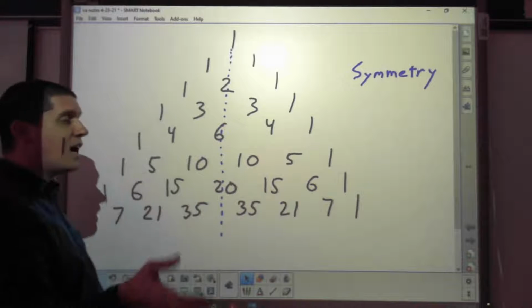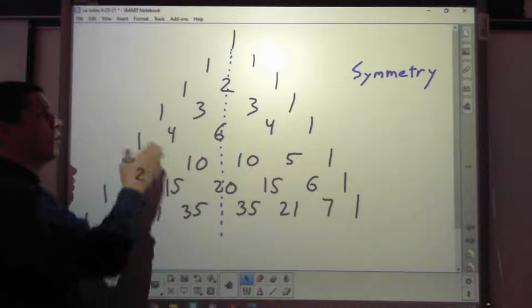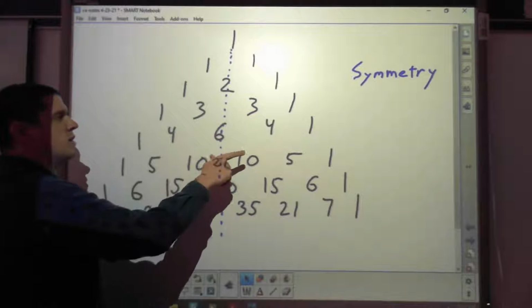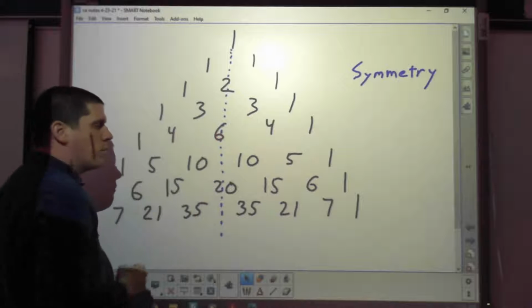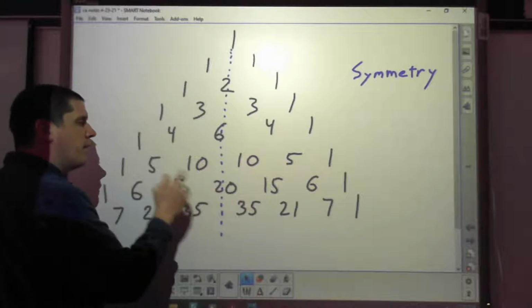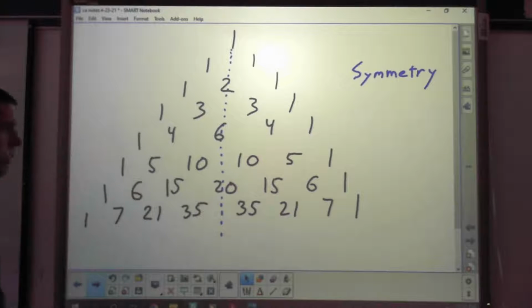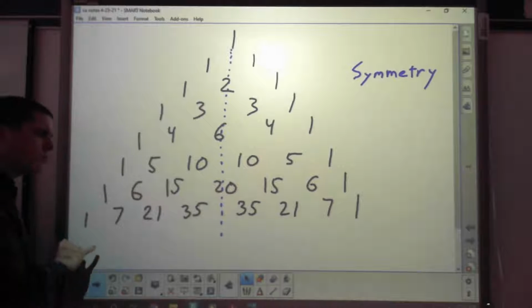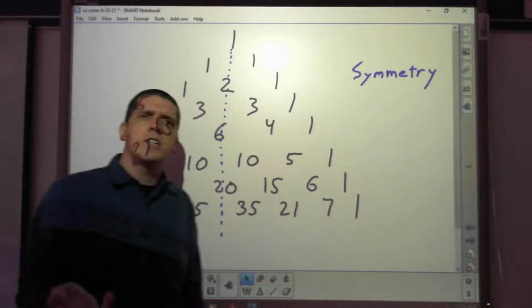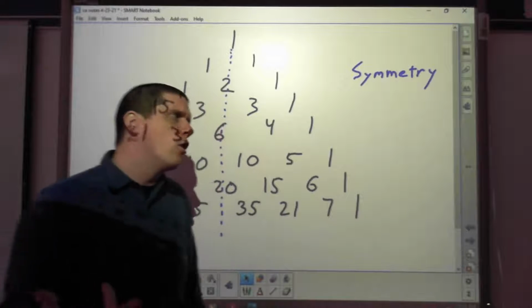Now, there are even and odd numbers in each row, so when there's an even number, you can see that and that. When you see there's an odd number, there is a unique number in the center. So we can see 6, and we can see 20 right there, and so on from there. Maybe you noticed that right away.